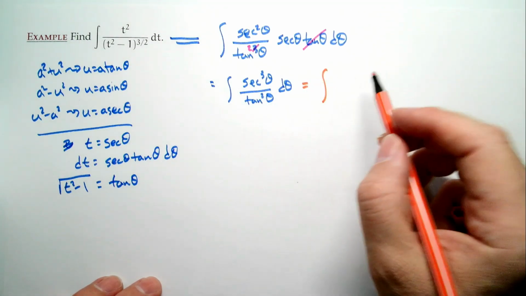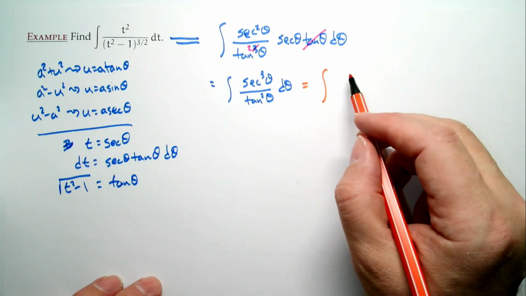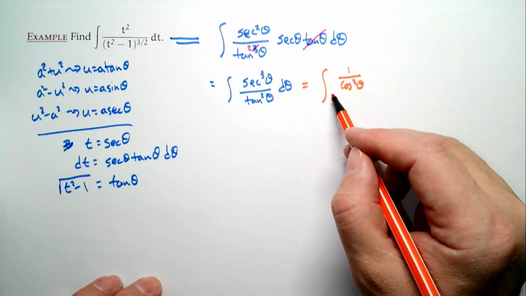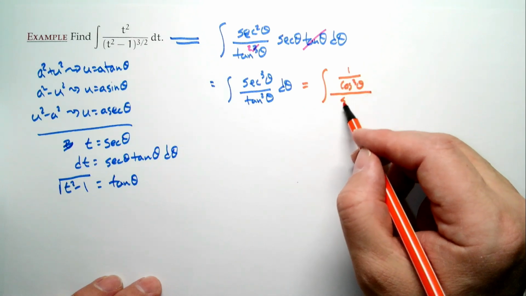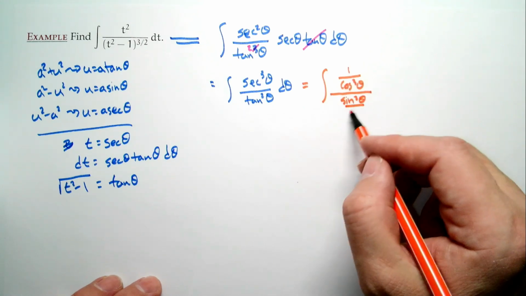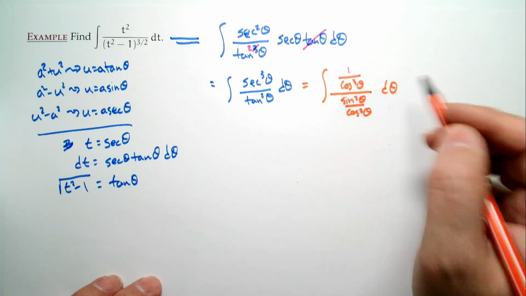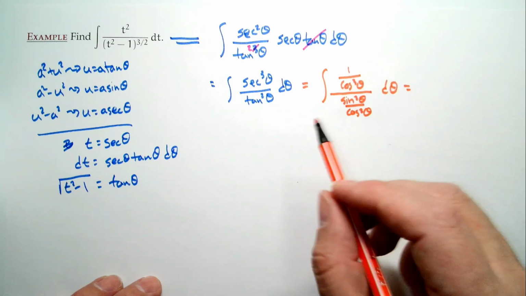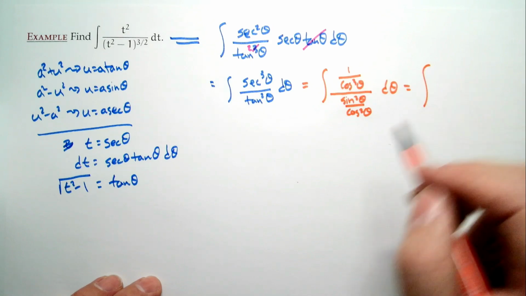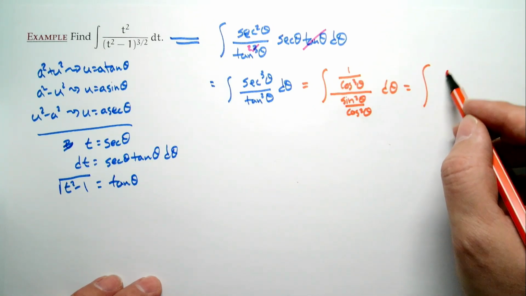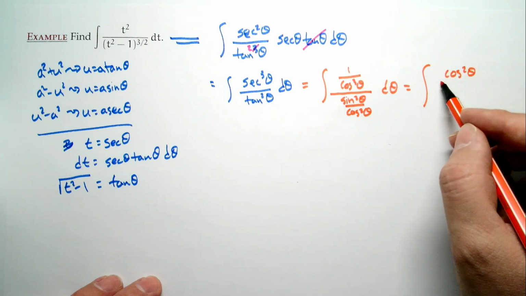Secant cubed, what does that become? Yeah, it's 1 over cosine cubed. And tangent squared is sine squared over cosine squared. So, let's see, what do we get here? Well, you flip it upside down, you get cosine squared.